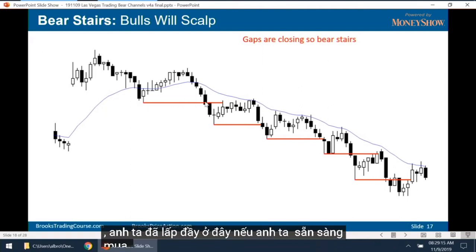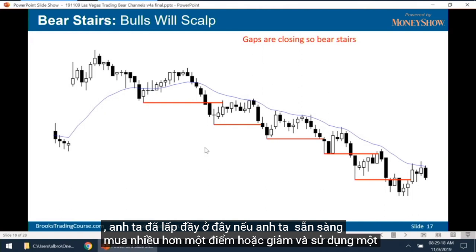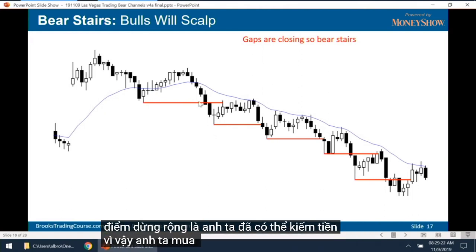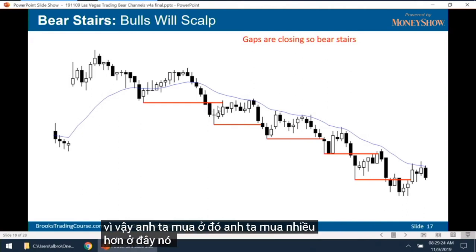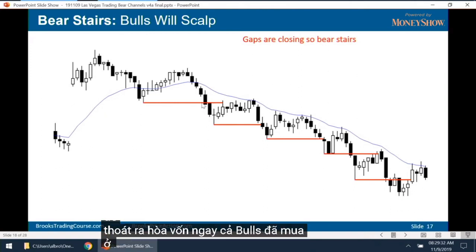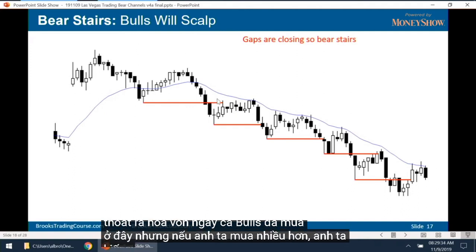If he was willing to buy more, a point or two lower, and use a wide stop, he was able to make money. So he takes the buy there, he buys more down here, it gets back to his entry price. Yes, it immediately sold off because all the bulls who bought over here were happy to get out, break even. But if he bought more lower, he made money.